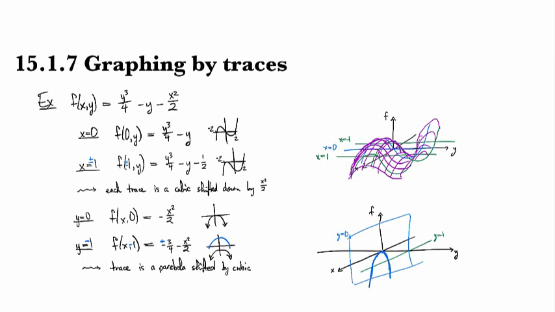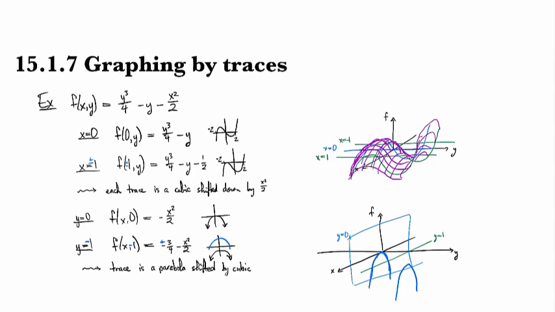So if I look at what's going on in y equals 1, come here. Then let's see. So I take this guy and I shift him out to y equals 1 and then down by 3/4. And similarly, if I look at the minus 1, so just slide it back here.